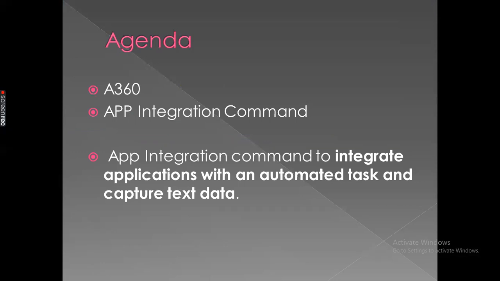Sometimes the Automation Anywhere capture command or object learning does not support capturing text from different applications. In such scenarios, we can use the app integration command to capture the particular text on different applications and windows, like Citrix automation and thick client based applications.